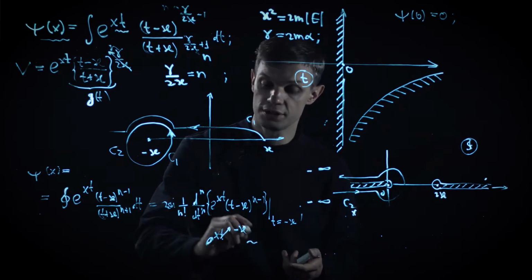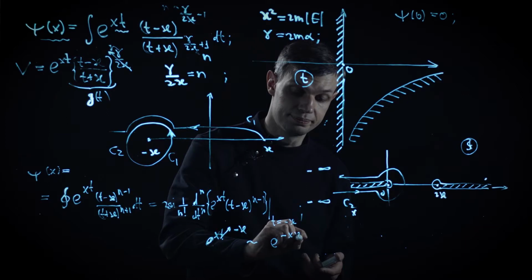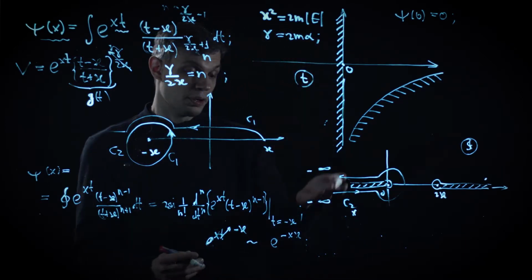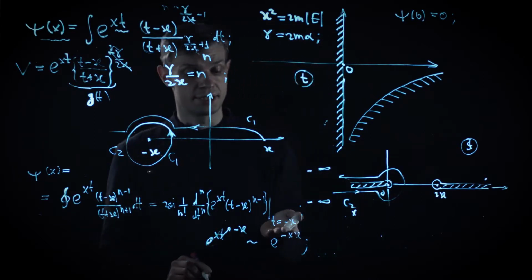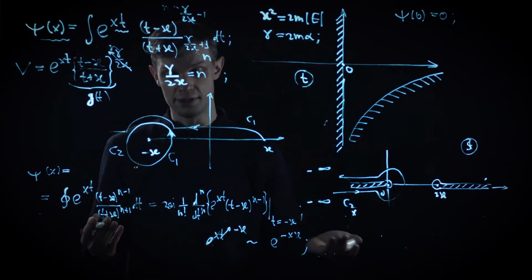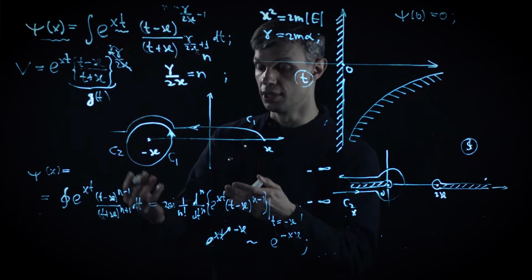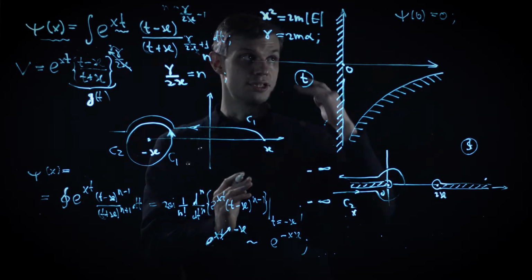So the whole function will behave as x to e to minus x kappa. And we recover the desired exponential decay of our wave function at x tending to plus infinity, which is great. So this is the correct solution. Well, we'll have to check that this condition holds.